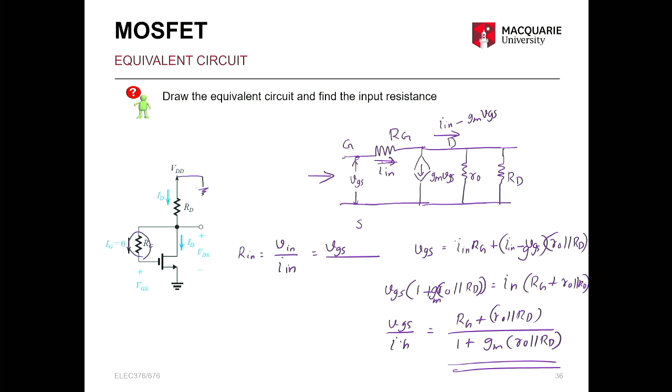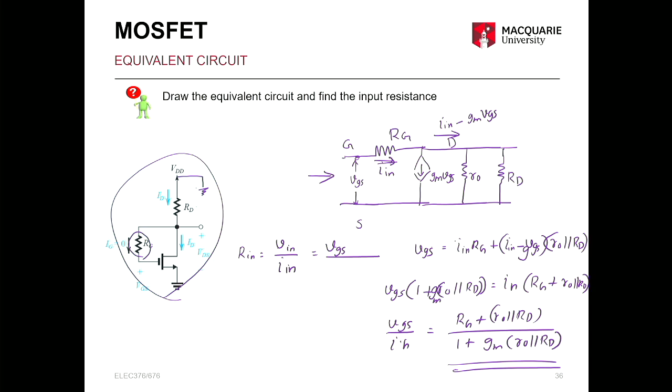Okay. So will you be able to derive this and put in values to find the input resistance if asked in a problem? If you're given a circuit like this and asked to find the input resistance, all the values are given, RD, gm, all values are given.